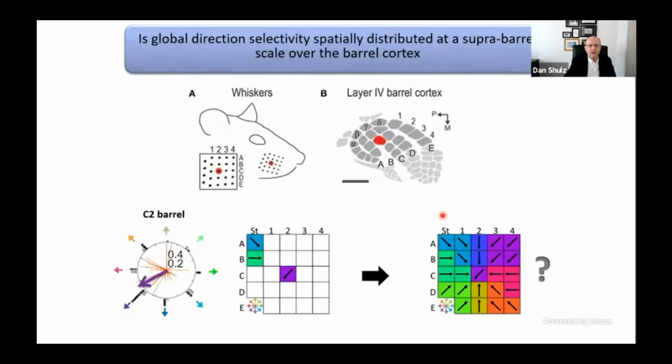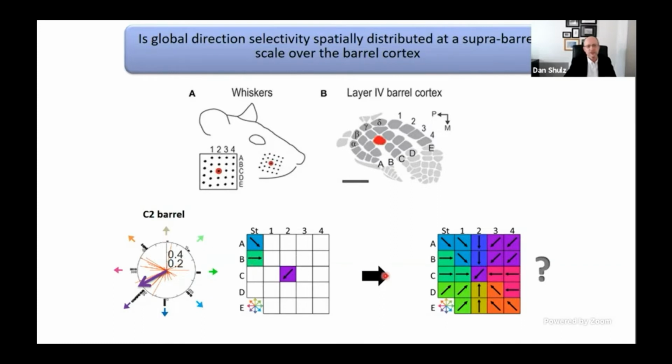Okay. Now, at the population level, what we observe is that in the C2 barrel, there is sort of a vector pointing down and left, but we also studied the activity in other barrels, like alpha or beta, and we observed that these barrels are selective for a different direction.